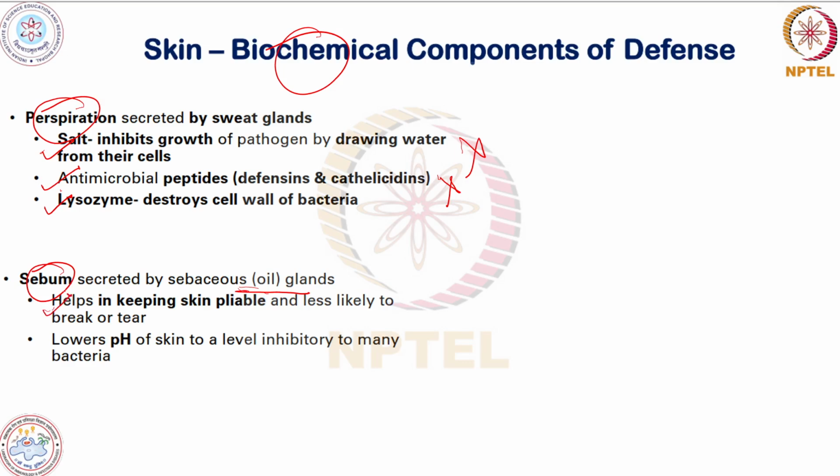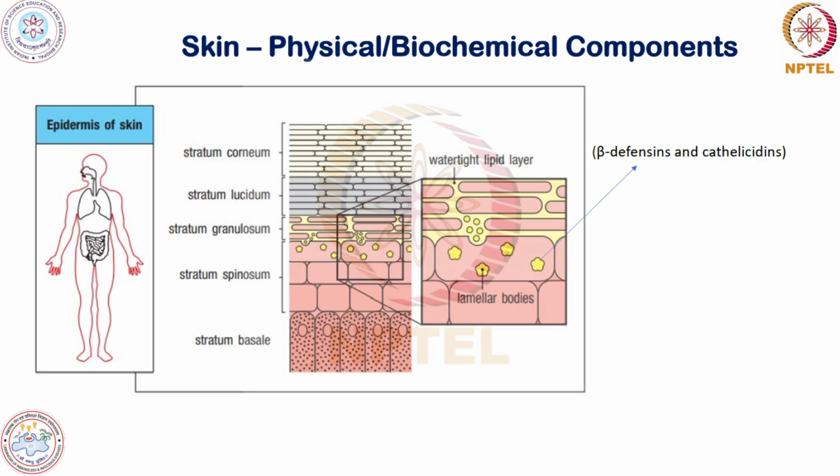It helps in keeping skin pliable, that is flexible, and less likely to break or tear. And it also lowers the pH of the skin to a level that can inhibit many bacteria. So these are the chemical or biochemical properties of the skin. The next one is the structure of the skin, that is the physical and biochemical components of the skin.